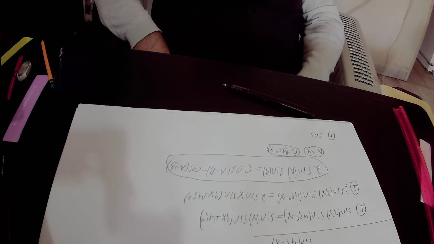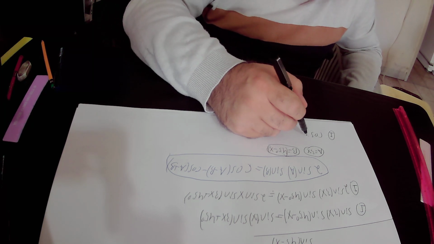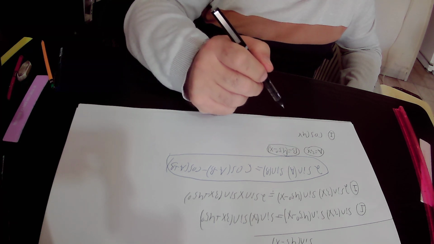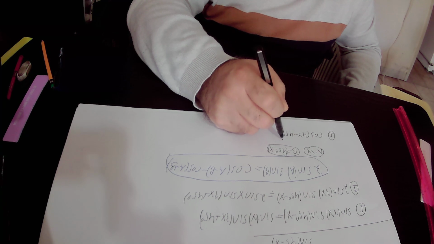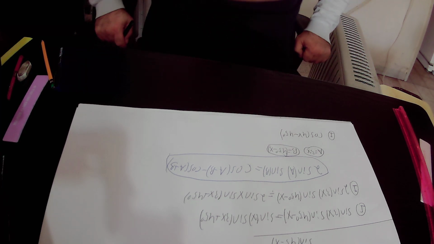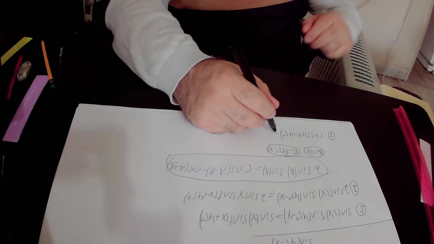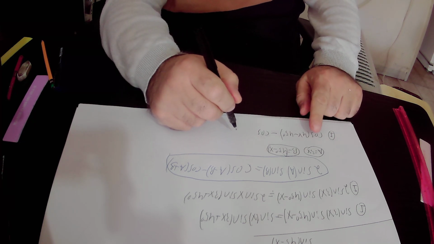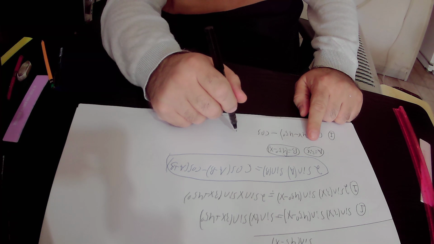So 3x minus minus x is 4x, minus 45 degrees, minus cosine A plus B, that is to say minus cosine, A is 3x and B is 45 degrees minus x.